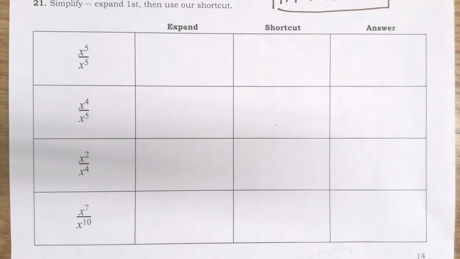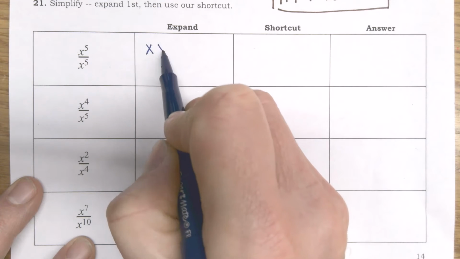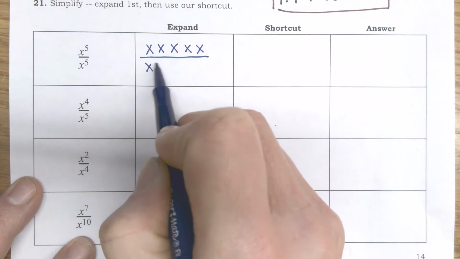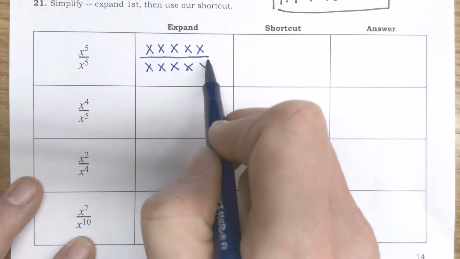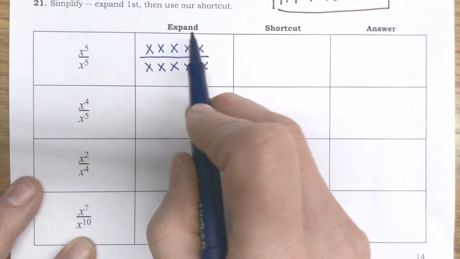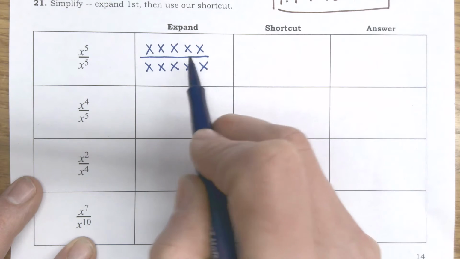So we'll start with the first one here. I'm going to start by expanding. Remember what that looks like. So I have x, x, x, x, x, 5 x's on the top, 5 x's on the bottom. And so when we talked about expanding yesterday, when I look at this, I can cancel everything off the top and off the bottom.